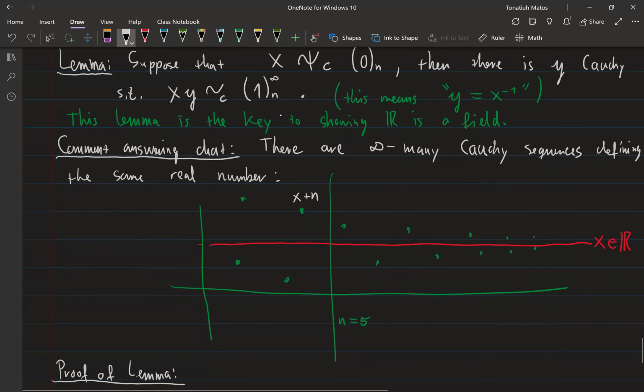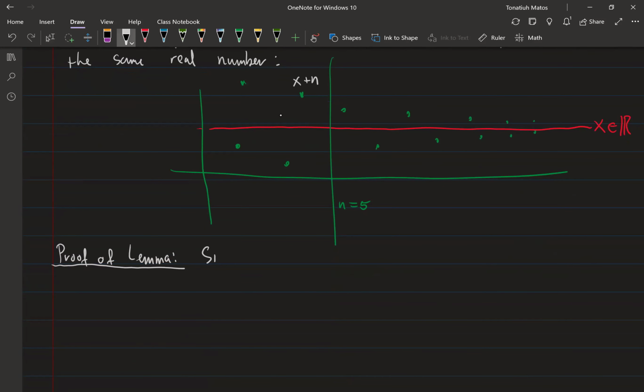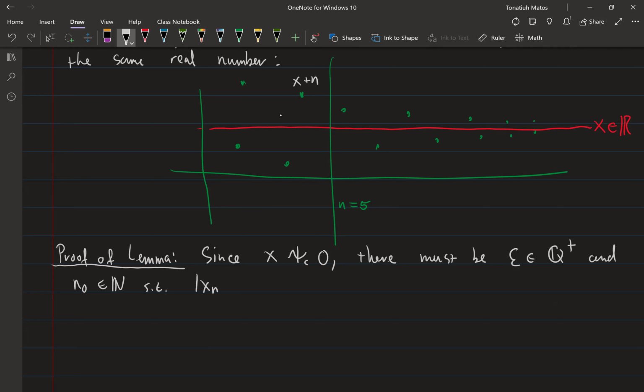So the lemma is saying you have a sequence that is non-zero, and then you must be able to find another sequence such that when you multiply them together, you get 1, right? Okay, so since x is not 0, not the sequence 0, there must be a positive rational number epsilon and some threshold n0 natural, such that these don't approach 0, right?